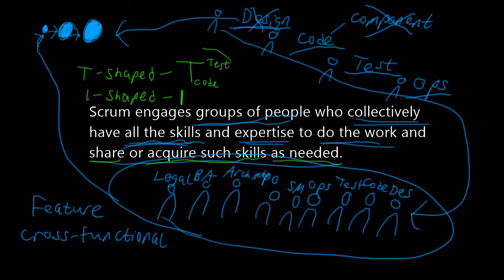So a T-shaped team becomes more resilient because more people can do aspects of the work that is required to produce an increment. Let's say the testing person goes on vacation. Well, what are you going to do if you're only on an I-shaped team? You're not going to be able to produce that sprint.